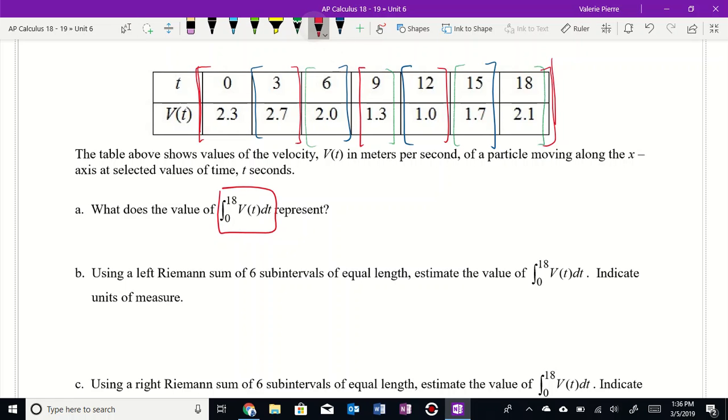When I write this out, I'll get the definite integral from 0 to 18 of v of t dt equal to, since this is a left Riemann sum, I know that I'm using rectangles. So base times height. So the base from 0 to 3 is 3. The height is, since I'm on the left, I want v of 0 plus 3.